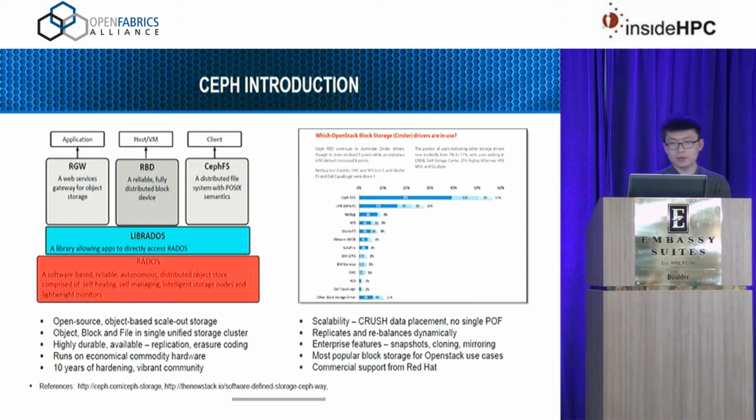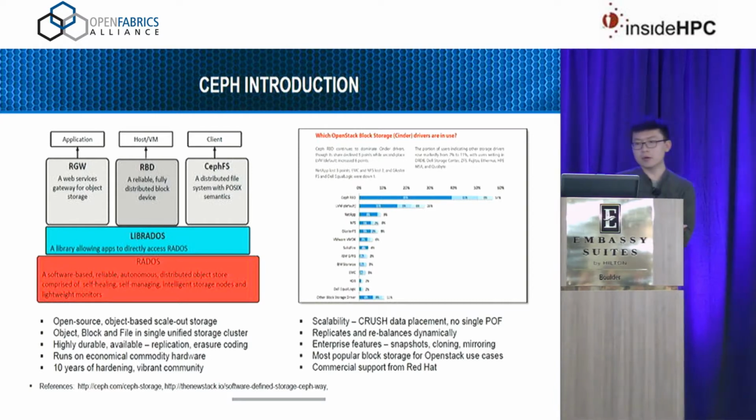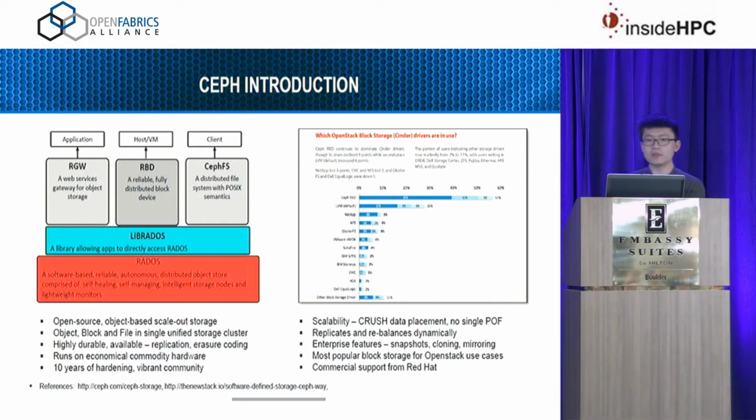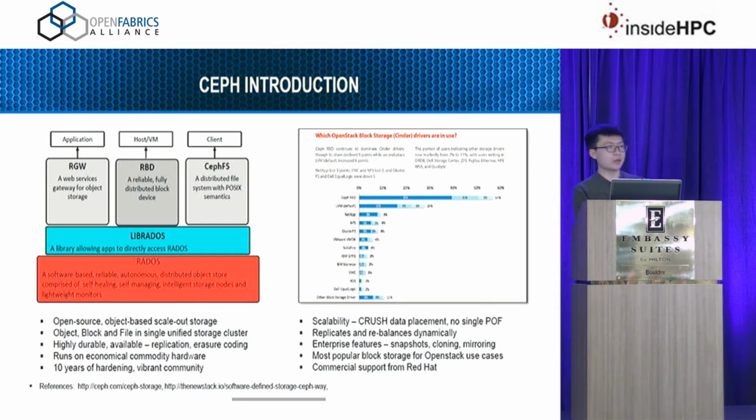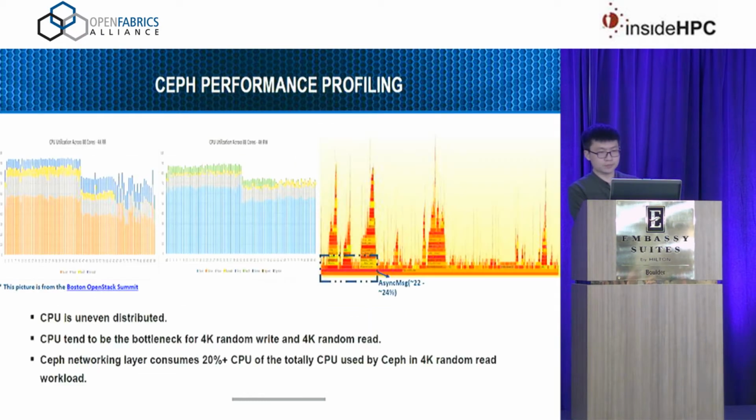Ceph is open source. Moreover, Ceph is also the most popular block storage service driver in OpenStack use cases, benefiting from Ceph's scalability and reliability. These two pictures can be found in last year's Boston OpenStack Summit. They point out that the CPU is unevenly distributed across the Linux cores.